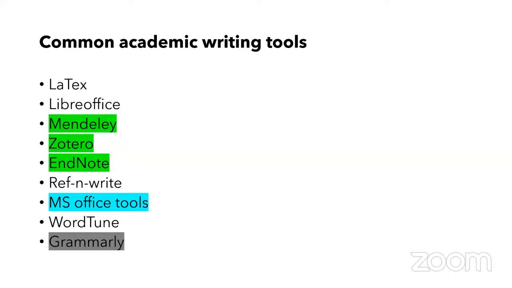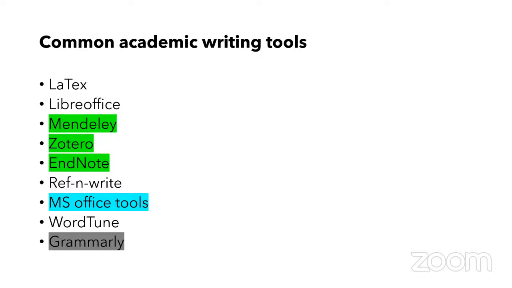You could have Mendeley running concurrently. You could have Zotero. You could have EndNote. Some of these tools could be used together. For instance, when you use MS Office tools together with Grammarly, that's fine. And what role does Grammarly play? It helps you to refine your writing. I will speak to that later on.